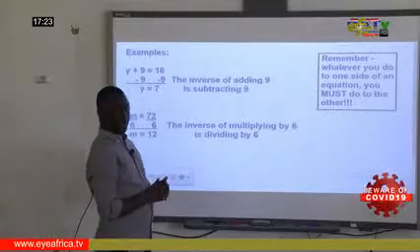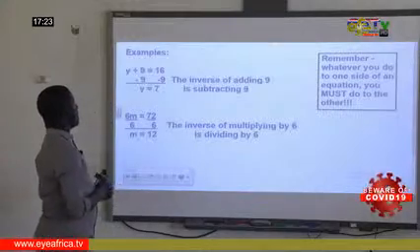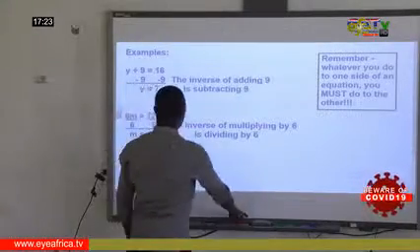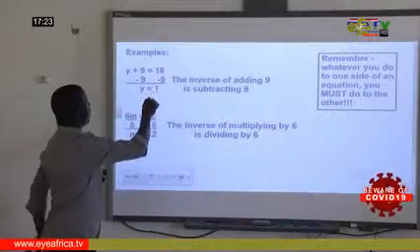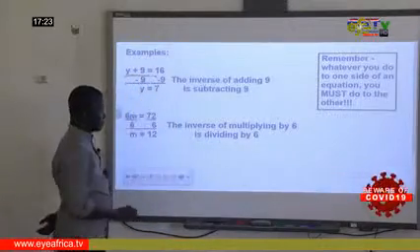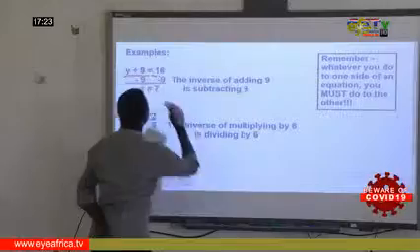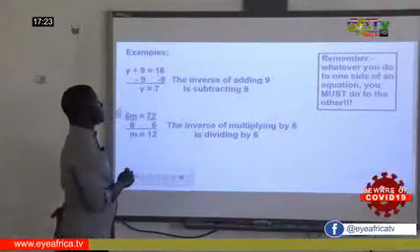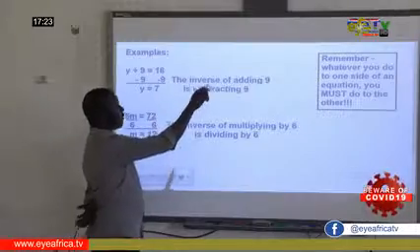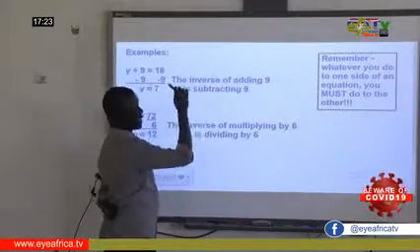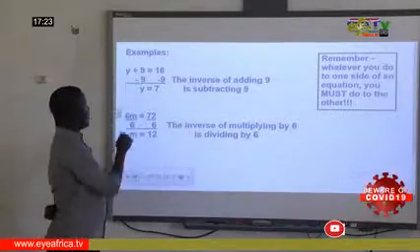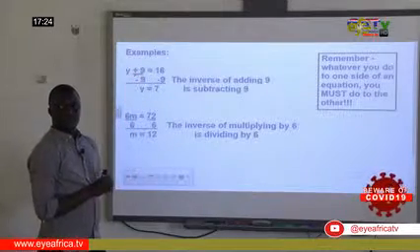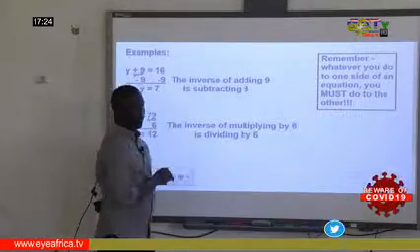Now we have an example here. y plus 9 equals 16. This is what we have here. Now, the inverse of adding 9 is subtracting 9. In the equation, we have y plus 9, so we want to isolate our variable here.